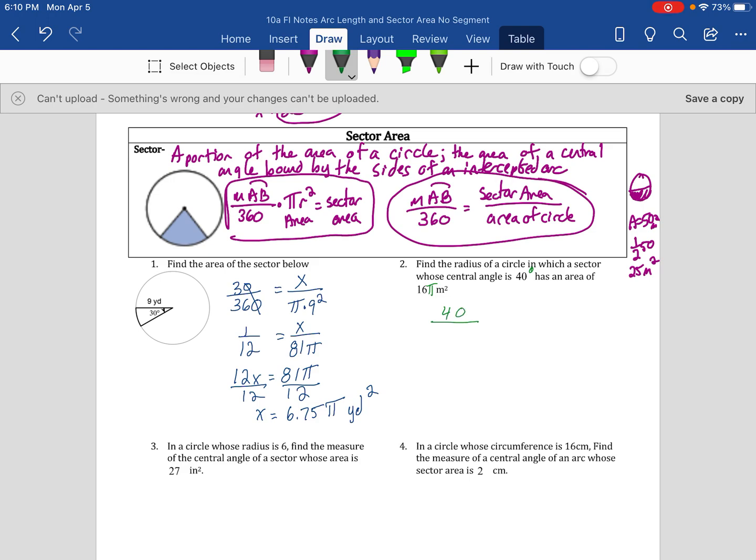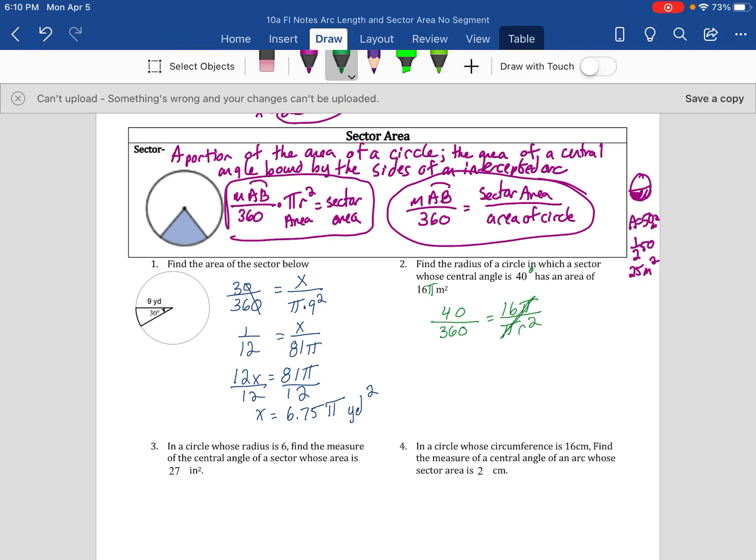So we're given the central angle, which is 40, and we know that's going to be over 360, so that's one part of our proportion. The sector area is 16 pi, and it says find the radius of the circle, so we're going to use the whole formula, so I know pi r squared.